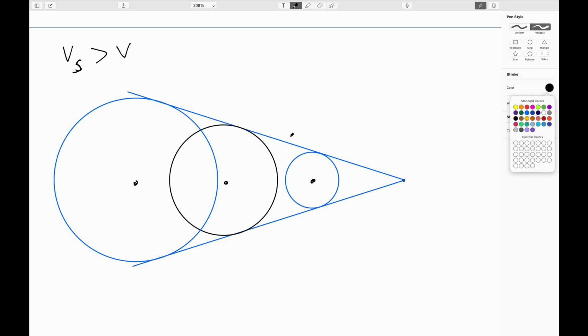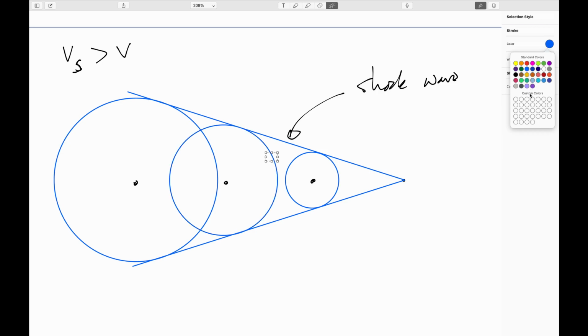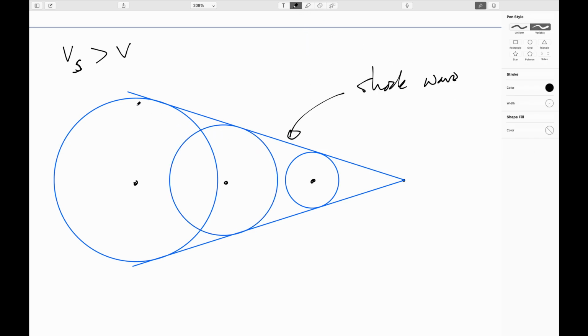All right, fine. Shock wave. So all the wavefronts pile up.